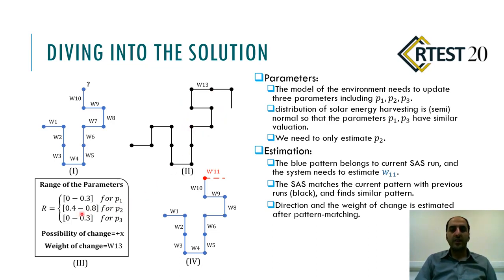Each walk has a direction and a weight of change. The direction indicates the possibility of change, and the weight of change estimates the valuation of the parameter. By matching the patterns, the 11th walk of the current run is matched with the 13th walk of the history. So the weight and direction are estimated.